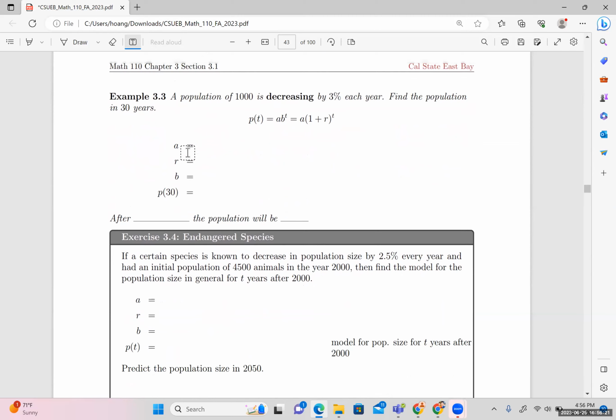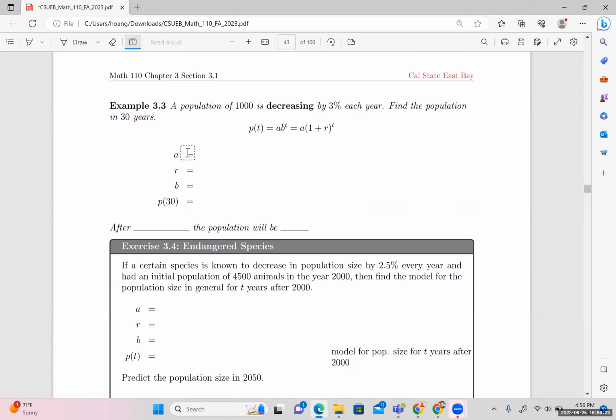Now we move to the next example, 3.3. Let's say populations. So the population, in thousands, is decreasing by 3% each year. Oh, okay. So how can a population be decreasing by 3%?